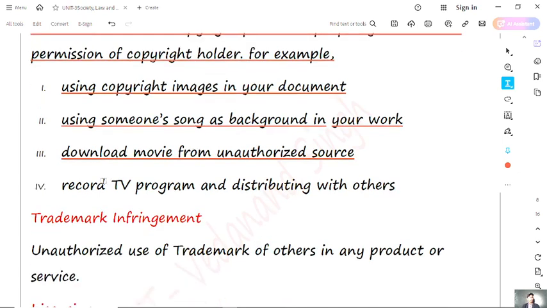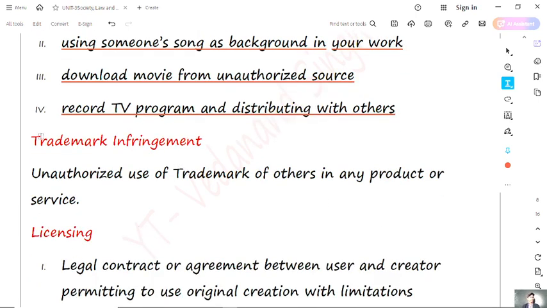Recording a TV program and distributing it to others: generally we record the TV program with our mobile and upload it on the net or share it with someone, and that would be copyright infringement.